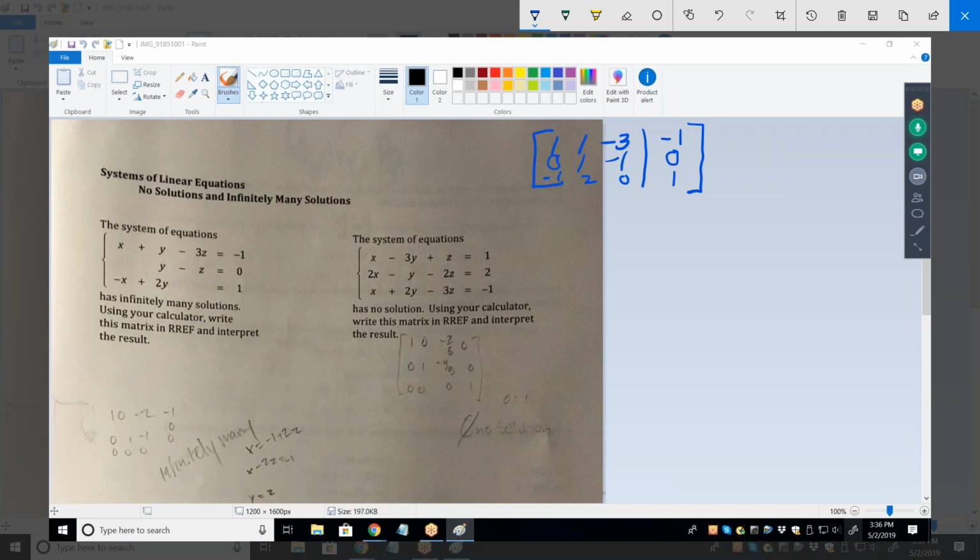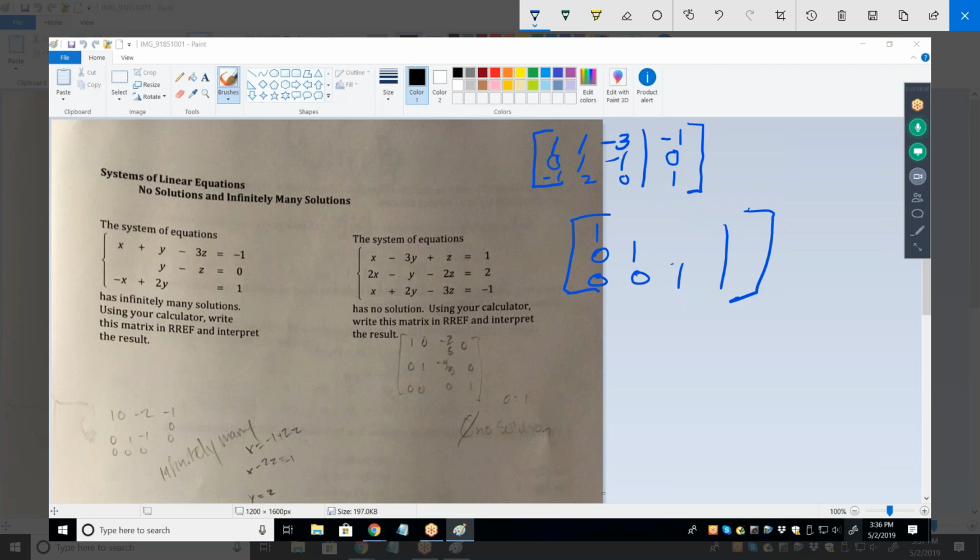Now, here's the goal. The goal is to take that matrix and make it look like something where there's a 1 there, a 1 there, and a 1 there, and that has to be a 0, that has to be a 0, that has to be a 0.